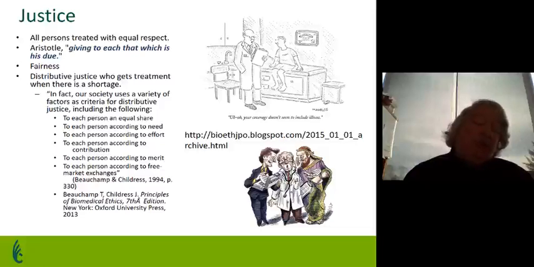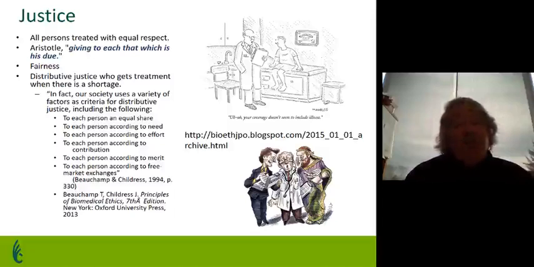There are many other views of how we look at justice. One is according to free market exchange. What are you willing to give to get? These different views of distributive justice come from Beauchamp and Childress in their 7th edition of Principles of Biomedical Ethics.